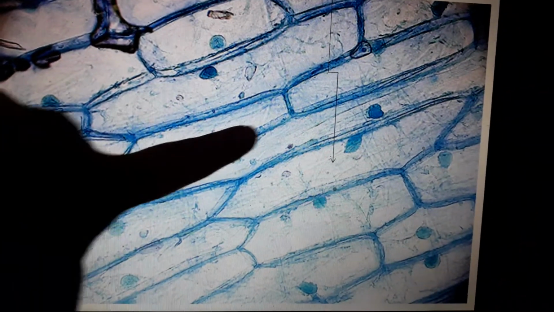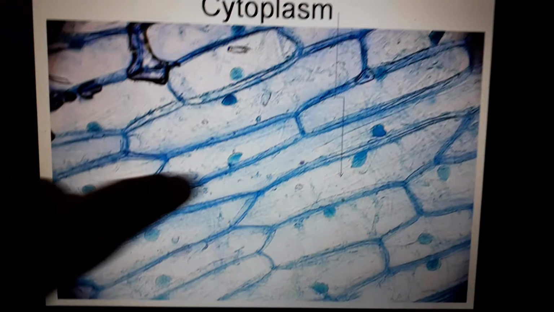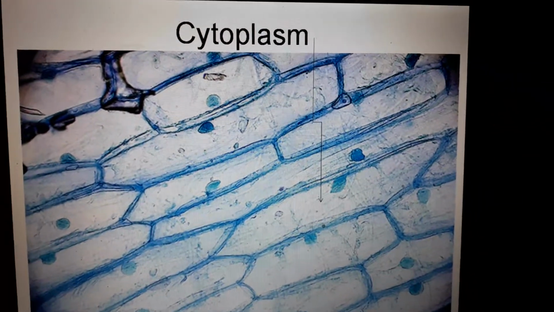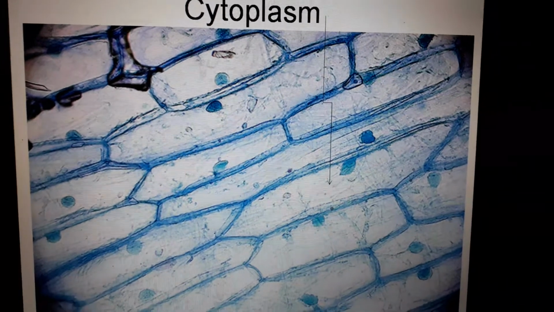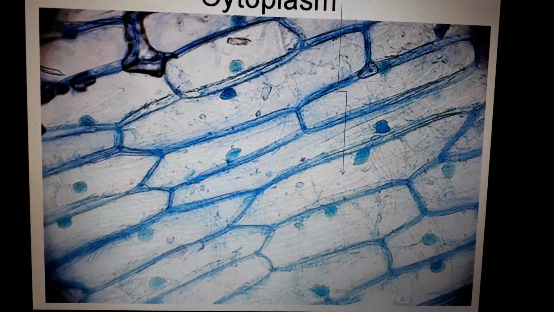The cytoplasm is always enclosed in a cell membrane or a cell wall, which is dark blue in color. The light blue part of the cell is called the cytoplasm, and it is always filled with fluid.